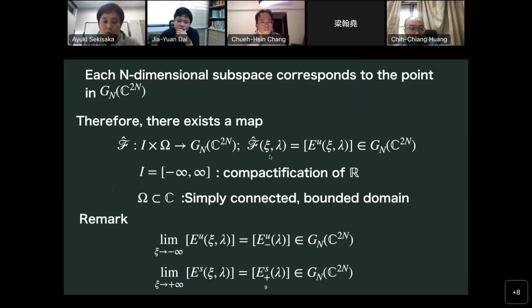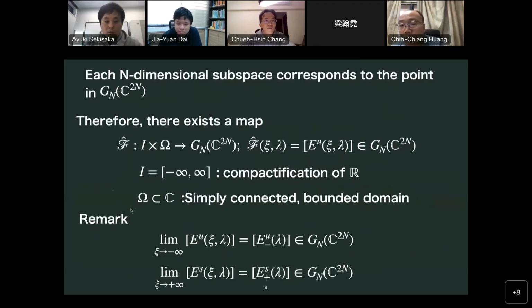Let I equal minus infinity to infinity, which is a compactification of R, so it is a closed interval, and let omega be a subset of C, a simply connected bounded domain.